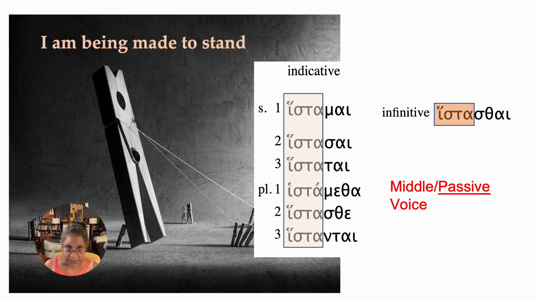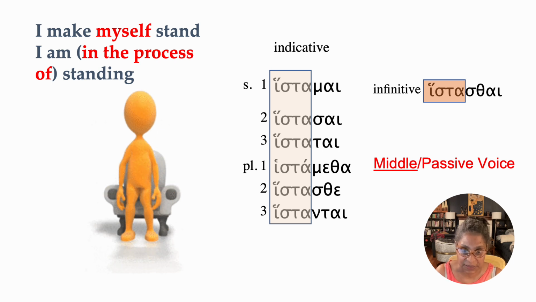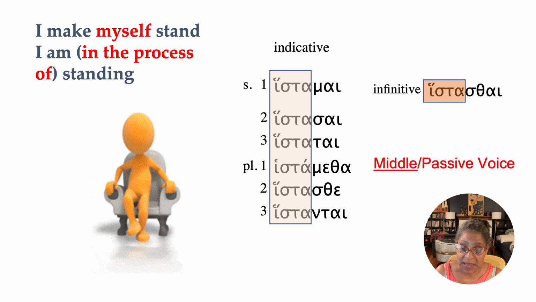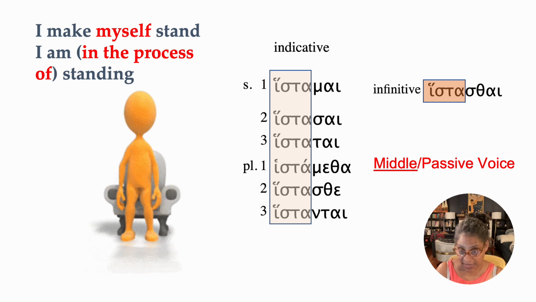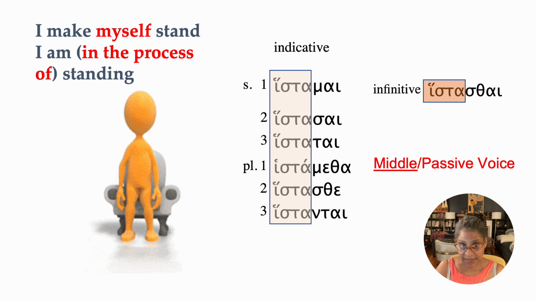All right. Now, if we move from the passive to the middle, here is I make myself stand, right? Or I am in the process of standing. Okay. So I make myself stand. I am in the process of standing.